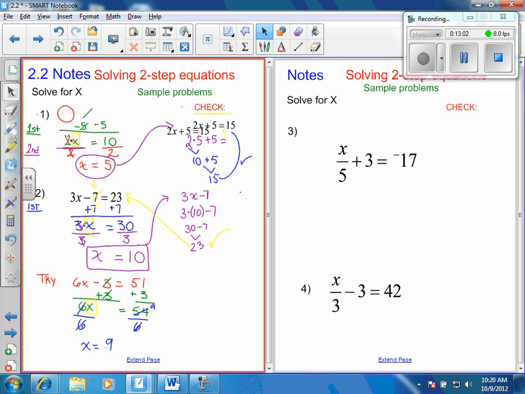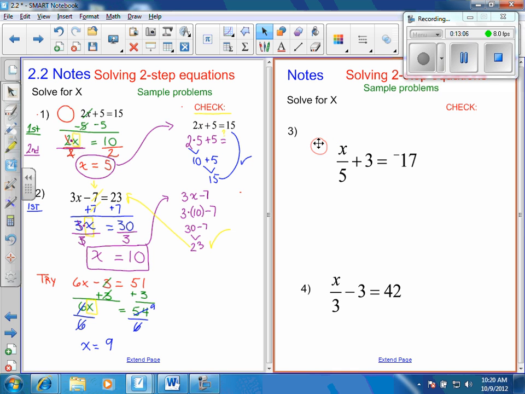And over here, basically what we have is x divided by 5. So we have a different operation, but the idea is the same. So we still have to go through the rules of undoing in reverse order of operations.